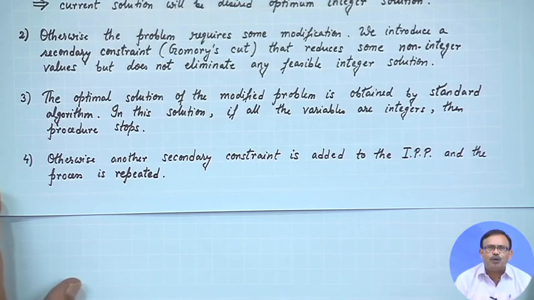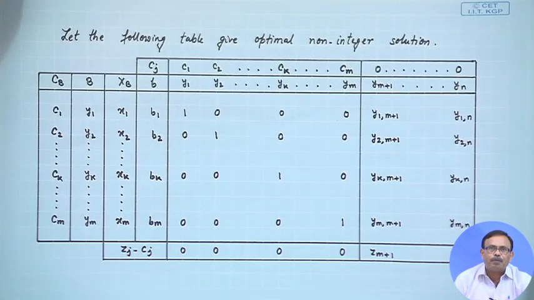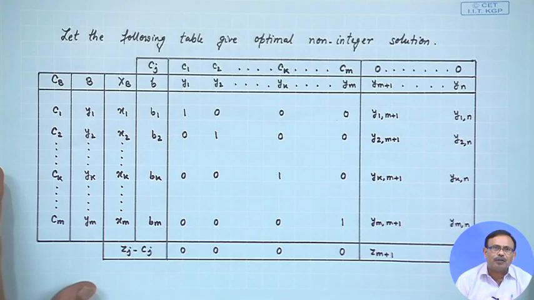That means, you will go on introducing the constraints until the values of the decision variables in the basis are all integers, and you will repeat the process. So, actually what happens? You consider this optimal non-integer solution.